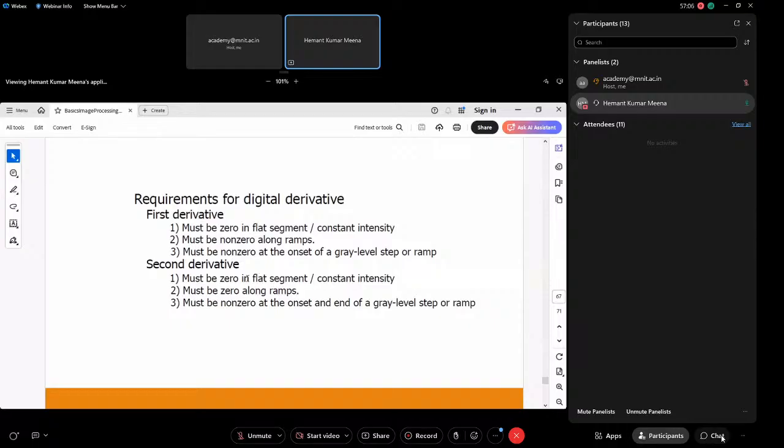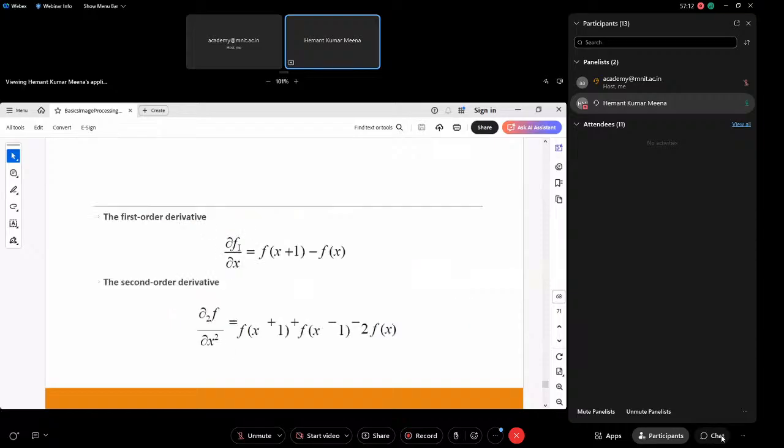When it takes place two times, it is a second derivative. This is also the first order derivative, f(x+1) minus f(x), as we told, it is a subtraction. Here it is f(x+1) plus f(x-1) minus 2f(x). What is this f(x+1)? It is the value on the right side, f(x-1) on the left side, and your double value. Here the picture is not very clear, some problem with the slide. I will check, correct it, and then share it with you.